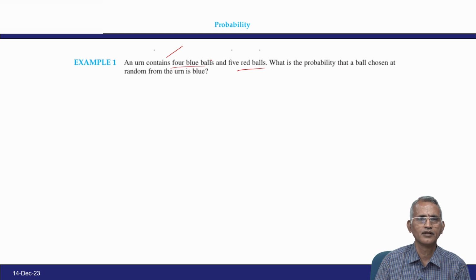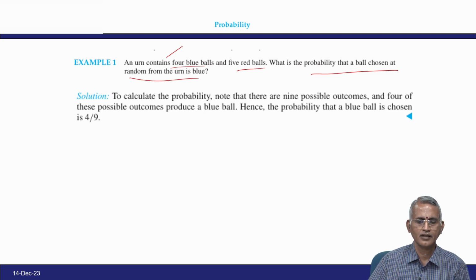What is the probability that a ball chosen at random from the urn is blue? So, we have to understand the total number of outcomes and the number of possibilities of getting a blue ball from the urn.